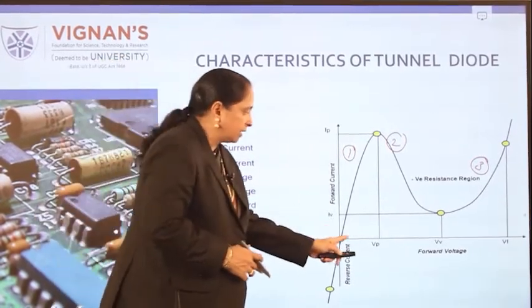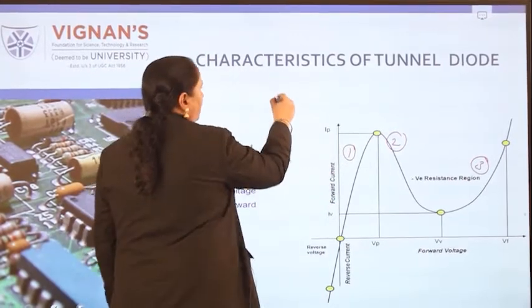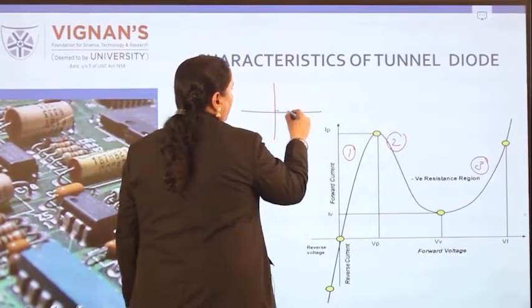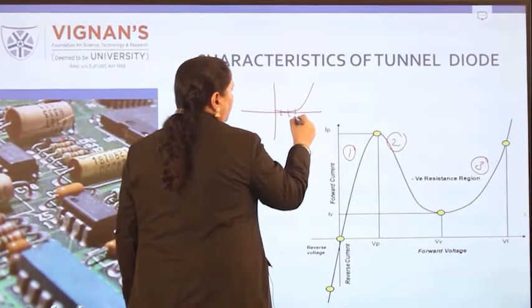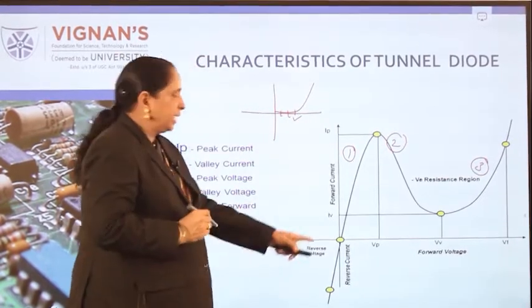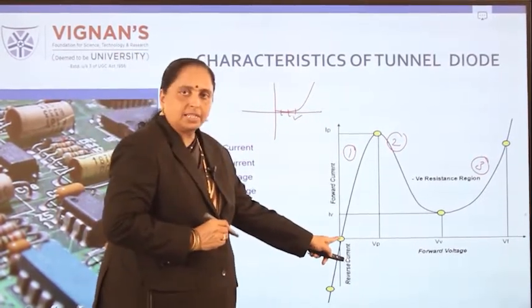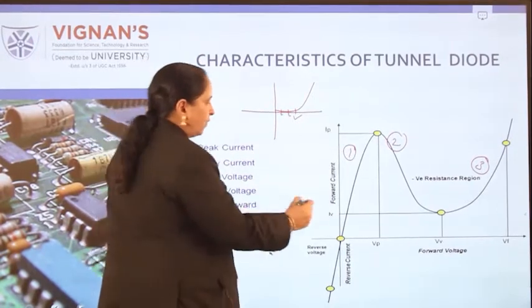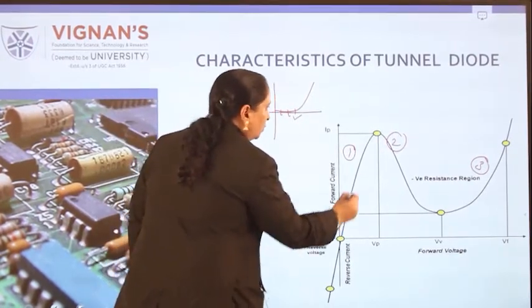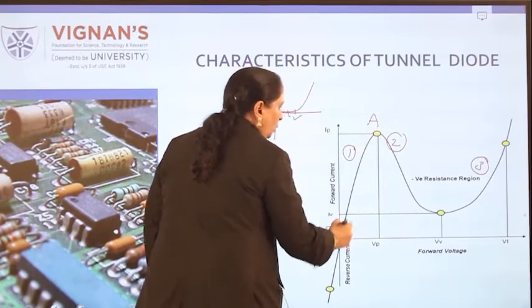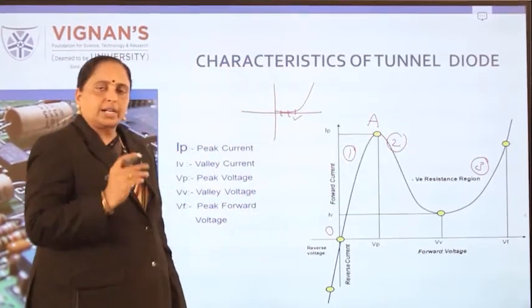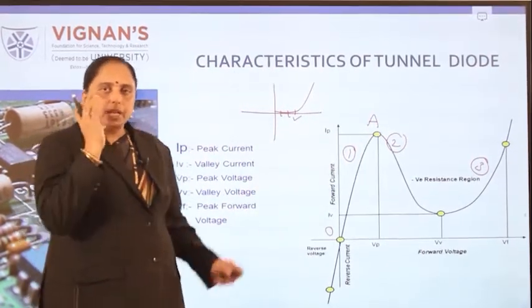And another thing is, in a normal PN junction diode, the diode conducts only after the cut-in voltage. Here, it takes very little voltage to conduct. Therefore, from the origin O to this particular point A, the tunnel diode conducts heavily because of heavy doping.